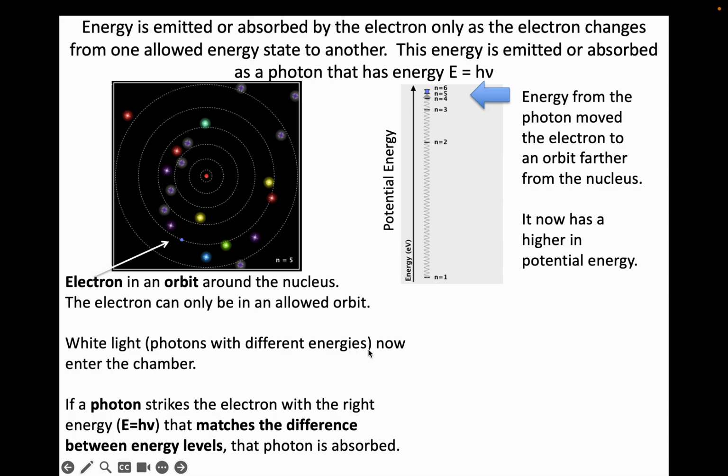If it transfers energy, it will move the electron from n equals 1 to one of the other energy levels. The electron moves from closer to the nucleus to farther away. It now has a higher potential energy.